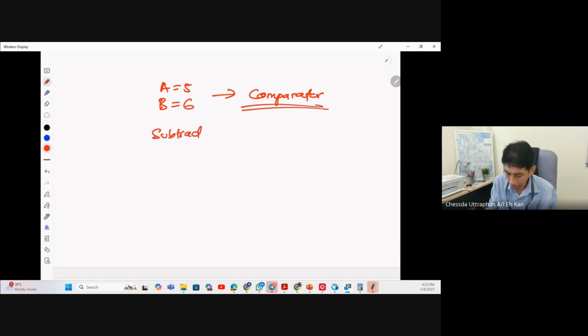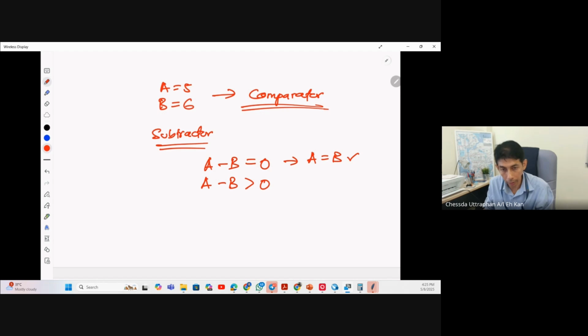We subtract numbers and we know that, for example, if you take A minus B, if the result equals 0, our conclusion is that A equal to B, right? If you take A minus B and the answer is greater than 0, meaning the answer is positive, this means A is greater than B, right?